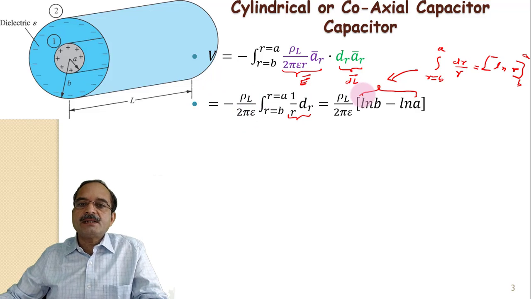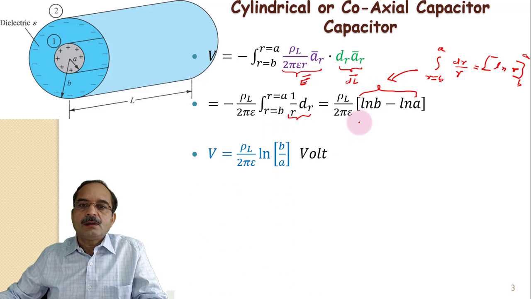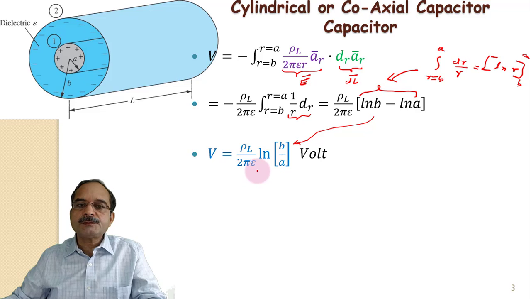The negative sign is adjusted here, that's why it is ln b minus ln a, which is ln b by a. So V equal to rho L upon 2 pi epsilon times ln b by a. So I got the expression for V.